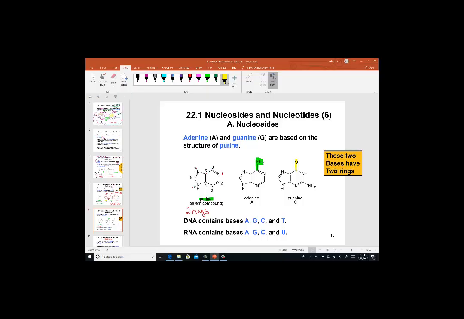I can see a ketone functional group at carbon number 6 and an additional amine group. What makes adenine and guanine different from one another is this presence of the NH2 group at carbon 2 in that second ring. This is the site of attachment to the sugar.